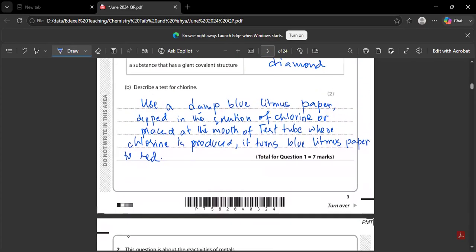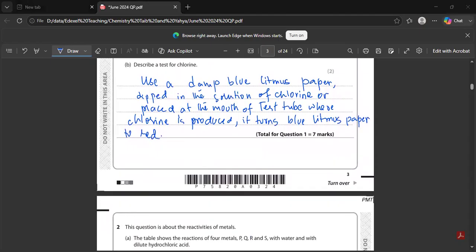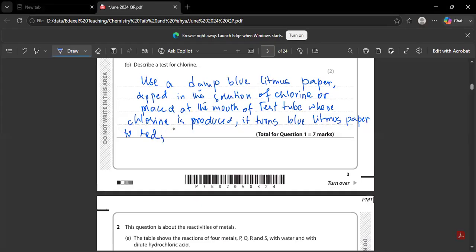We can also use universal indicator paper and observe the change of color. And one thing, the litmus paper also turns white. What is the action of this? This is the bleaching action of chlorine.